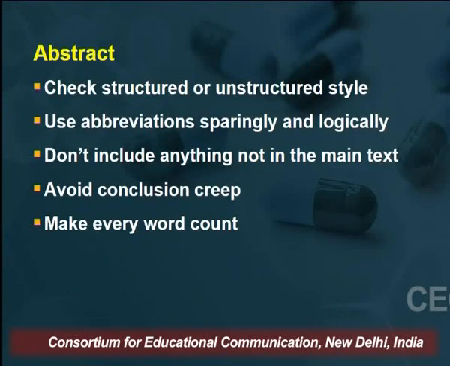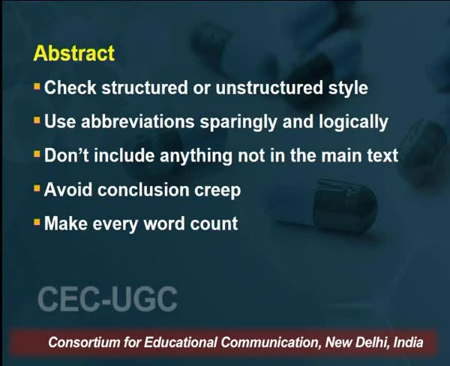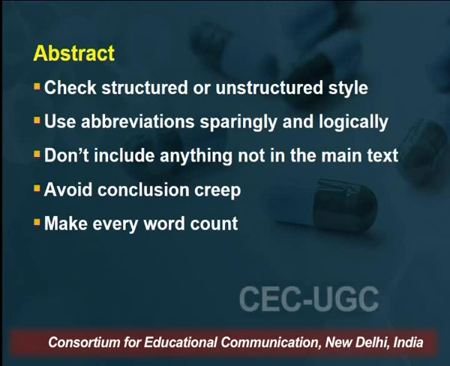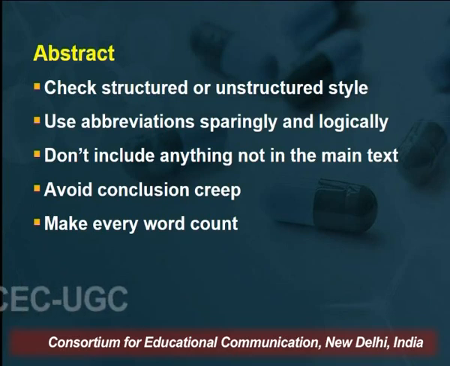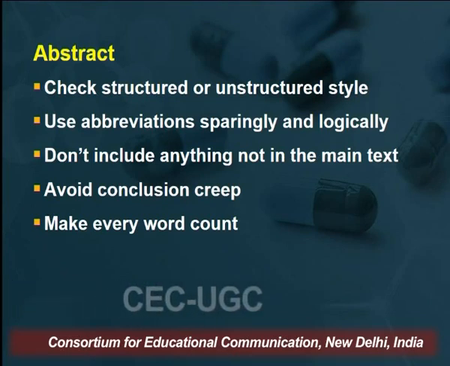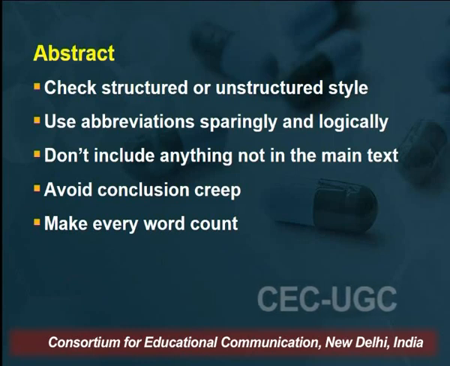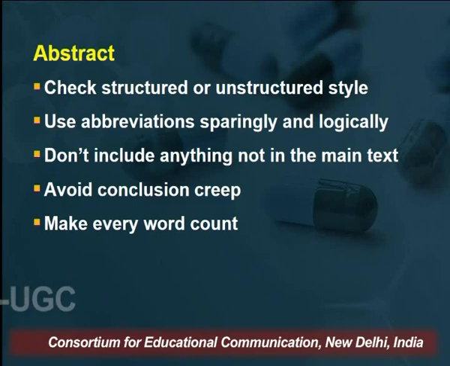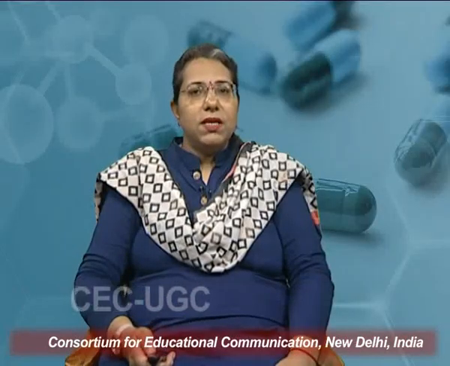So now comes the abstract, which is almost the last part of the manuscript that we write. Check structured or unstructured style. We have seen that there are two types of abstract, one with the structured format and another with the unstructured format. That depends on the journal requirements, how they want it presented.